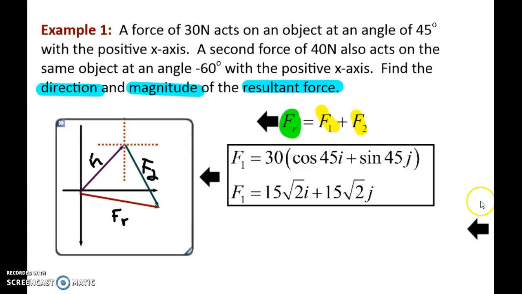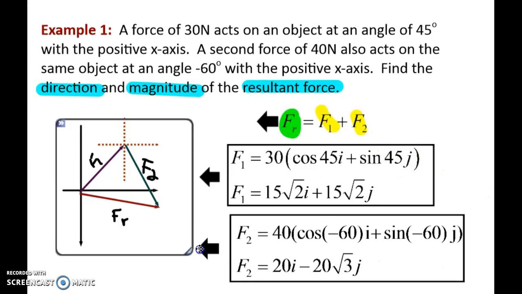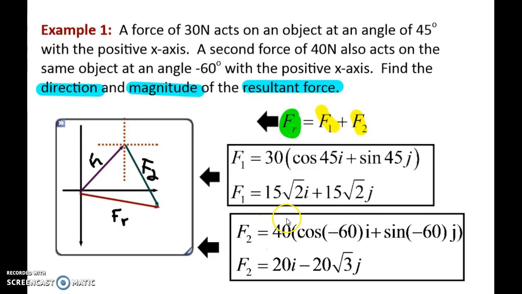We do the same thing with the second vector. So the second vector then had a magnitude or a force of 40 and negative 60 degree angle. So we take what we know about trig for the negative 60 degrees, multiply it by the 40, and you will get the second force vector is 20i minus 20 root 3 j.